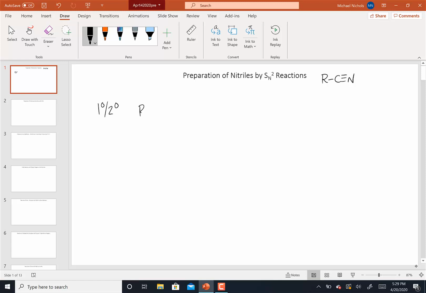alkyl halide. So if I take, for instance, a primary alkyl halide and react it with CN-, which is cyanide, we'll have an SN2 reaction occur, and we will end up substituting the C triple bond N, which is what the CN- is, and we'll end up forming our nitrile attached to a primary carbon.